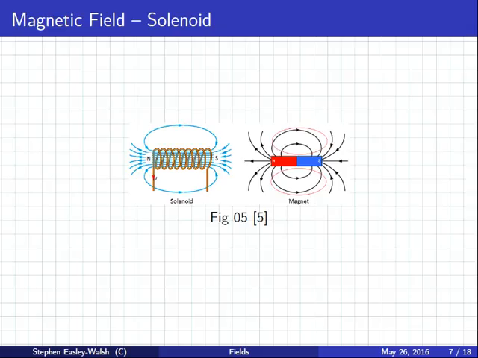Now sometimes a piece of iron is put in the center of the solenoid to make it stronger and more efficient than just having empty space. So often the copper wire will be wound around some soft iron. It just makes it more efficient. Well, I think the reason is the iron is a better conductor for the magnetic field than air.